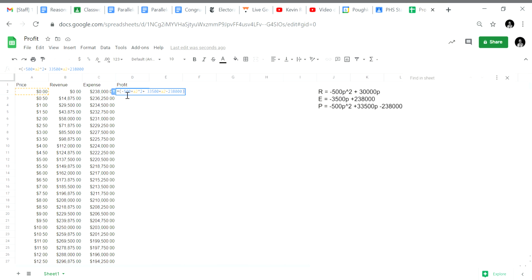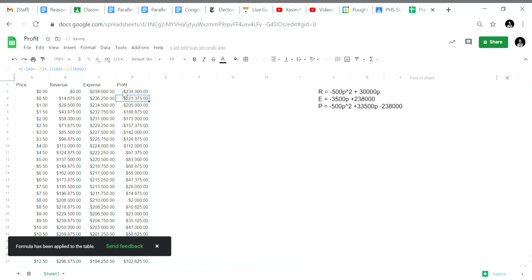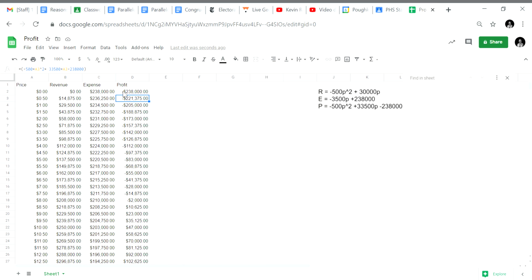Close the paren, hit enter, control enter for my autofill, and there we go. Okay, so now we're going to graph them and analyze the graphs.